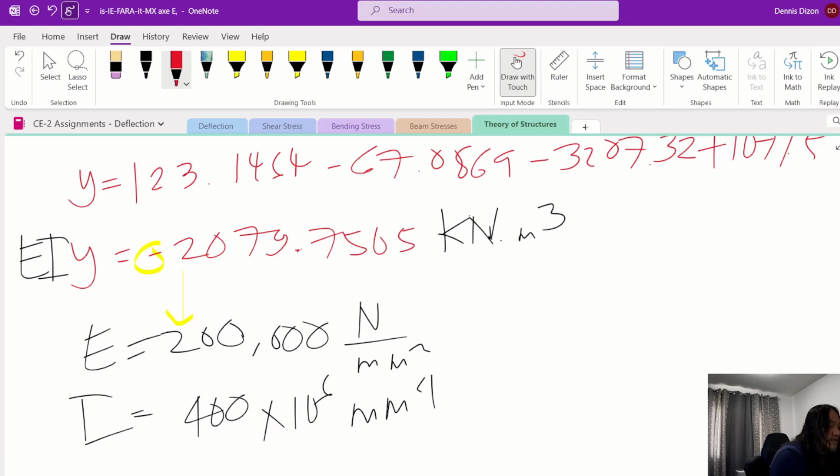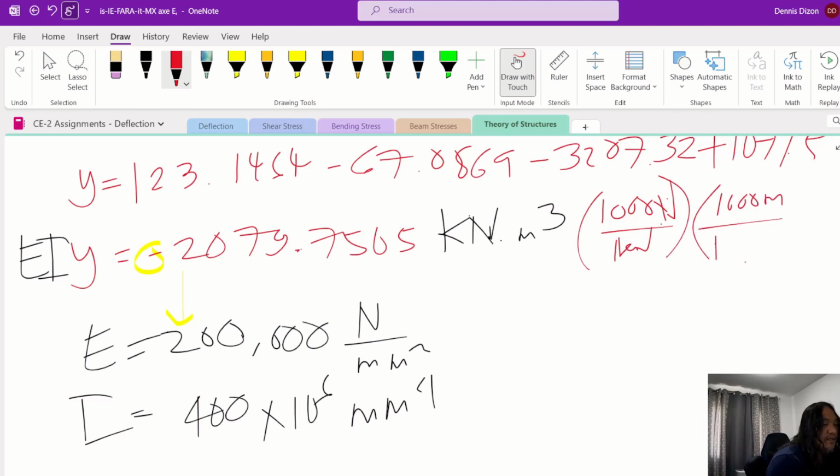Since our equation is in Newton and millimeter, we will convert to Newton-millimeter units also. So kilonewton to Newton is times 1000 Newton over 1 kilonewton, and the meter is 1000 millimeter over 1 meter, cubed.